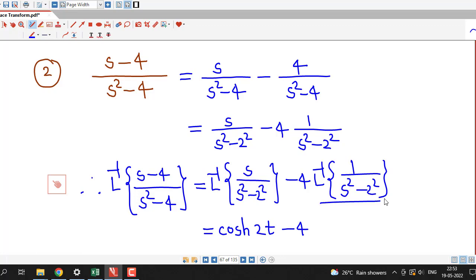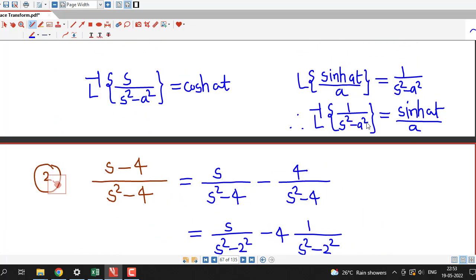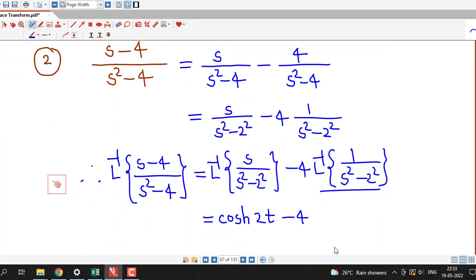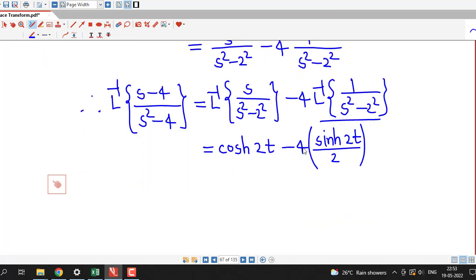For this second one we use this formula, L inverse of 1 divided by s square minus a square equal to sin hyperbolic at divided by a, and if we compare we have a equal to 2. Therefore, L inverse of 1 over s square minus 2 square is sine hyperbolic 2t divided by 2. And here we can cancel out this 2 with this 4, and the required inverse Laplace transform is cos hyperbolic 2t minus 2 times sine hyperbolic 2t.